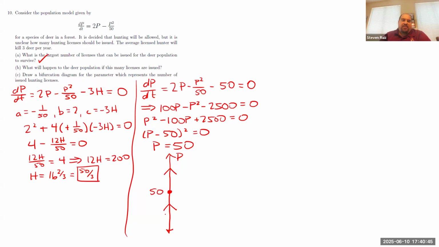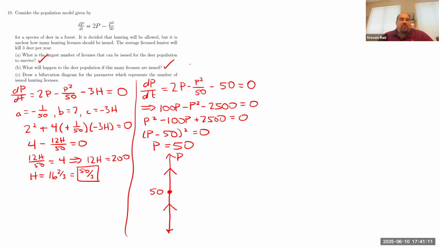If I have a deer population below 50, it'll increase to 50 and stabilize. If I have a deer population above 50, it'll increase. All right, so that's what's going to happen if we issue those 16 2/3 licenses on average every year. So that's what's shown by that phase line.